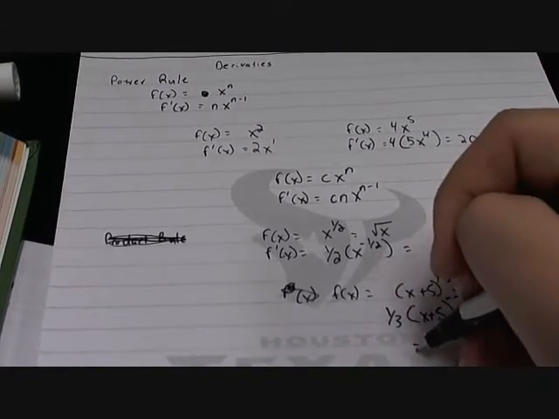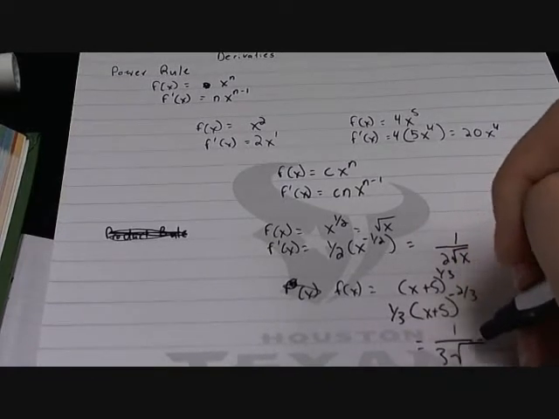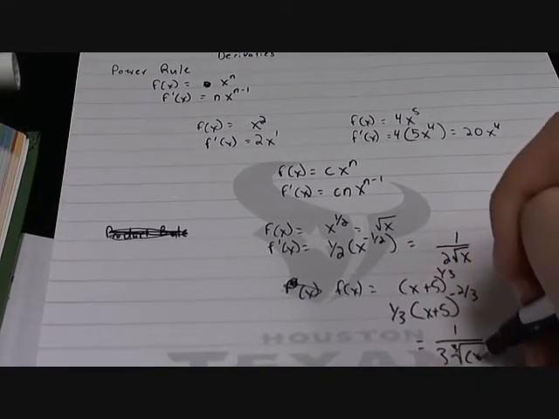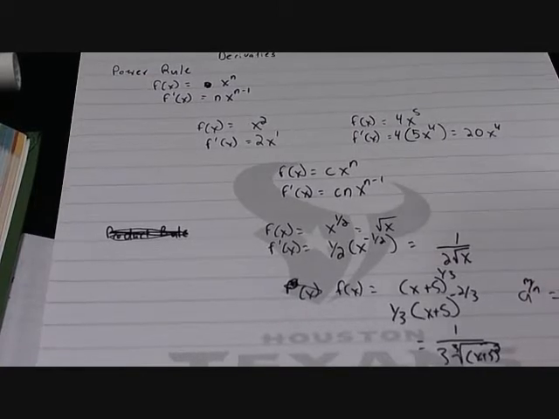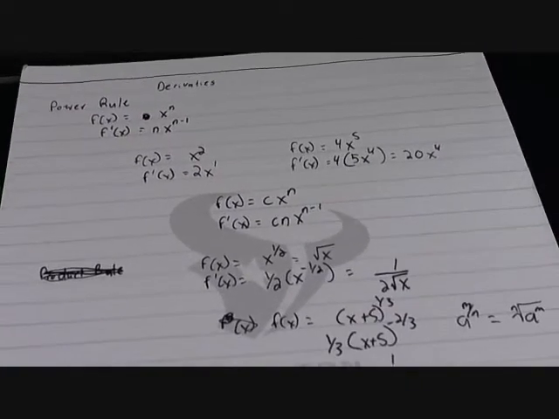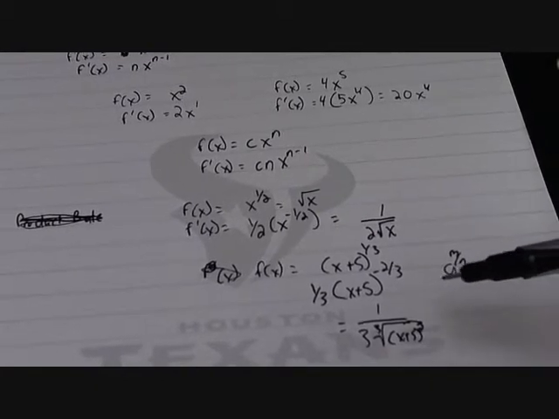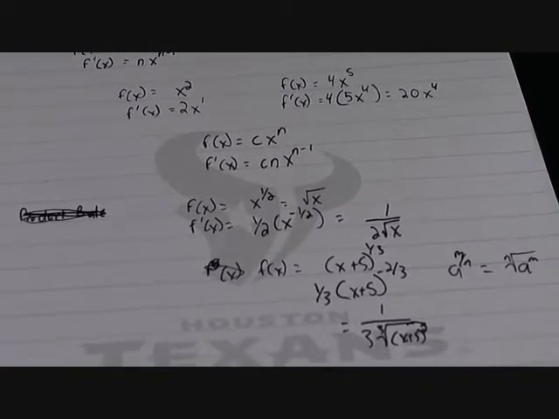So this answer is 1 over 3 times the cube root of x plus 5 squared. Because remember, the negative exponent means that. So again, the answer is 1 over 3 times the cube root of x plus 5 squared.